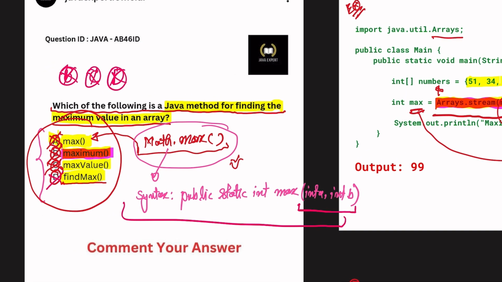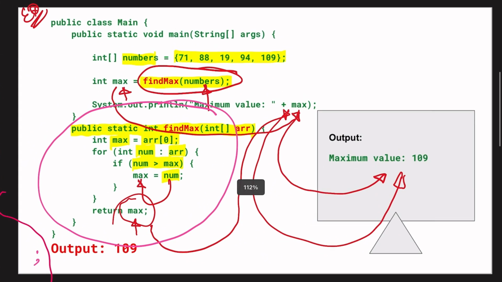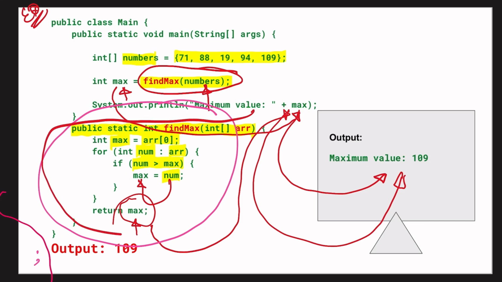So none of the options are correct. If we are forced to pick one, we can pick the findMax method. D is the best choice, but it must be implemented manually, like we have seen here.